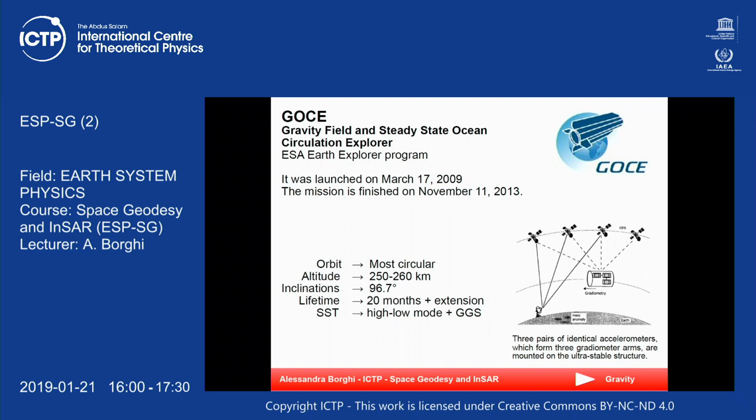It's a high-low mode because we use a satellite, and we also use gradiometry inside. And I don't remember why it's called high-low mode. Because the GPS satellite was up, high, and GOES was down, the other one was, I don't remember, low.